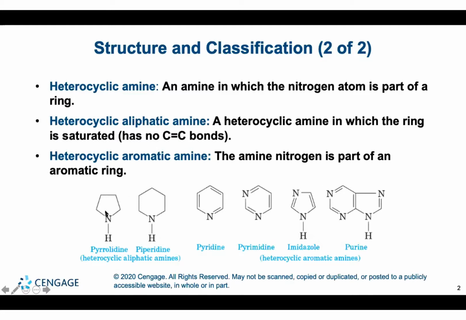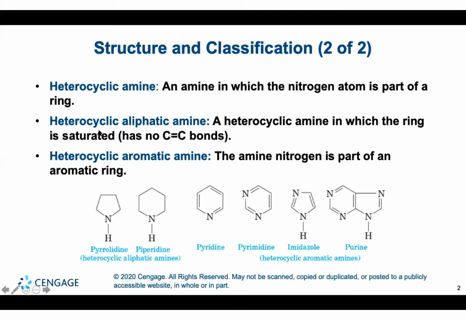Here you can see we have nitrogen as part of the ring, right? When we have nitrogen or another element like oxygen as part of the ring, in other compounds, we call it heterocyclic. Here also, because nitrogen is part of the ring, we call it heterocyclic amine.